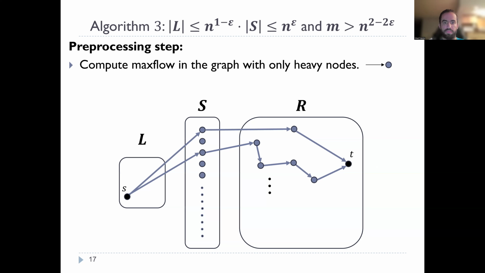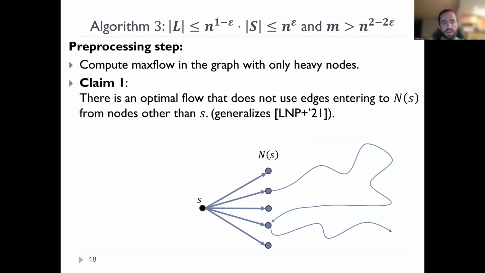Now in the pre-processing step, we compute the maximum flow in the graph with only heavy nodes. Okay. Now the first claim is that there is an optimal flow that does not use edges entering the neighborhood of S from nodes other than S. This again generalizes an argument from LNP.